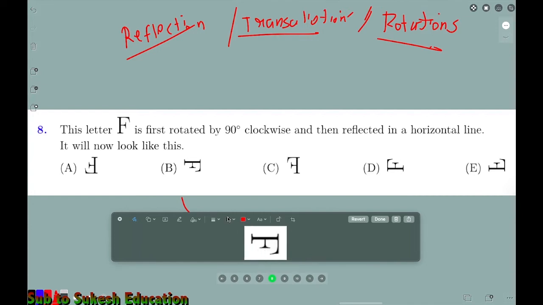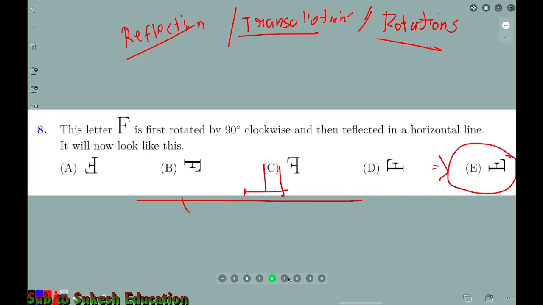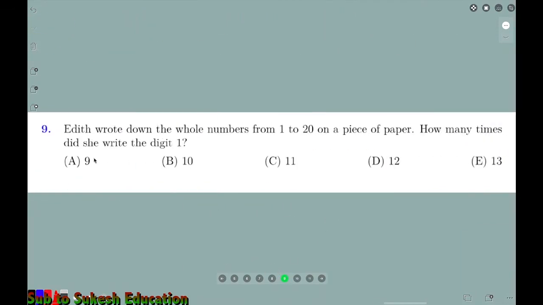And then it's reflected along a line. What they mean by reflected is that it's showing it in a mirror. If you show this image in a mirror, it would change to this image, this side, right? So that's the answer. We need to find, and then that's D. So therefore, not D, E. So the answer is E for this one, guys. Quick demonstration.